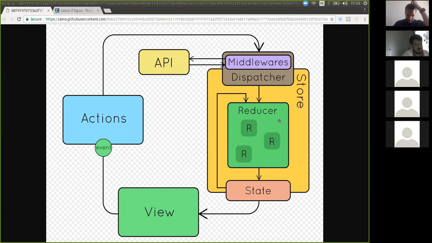Emily just asked what is making this state go into the reducer. So if you think of your reducers, there are two parameters that you have in your reducer functions. The first one is the property from state that the reducer controls. The second one is the action from the dispatch.